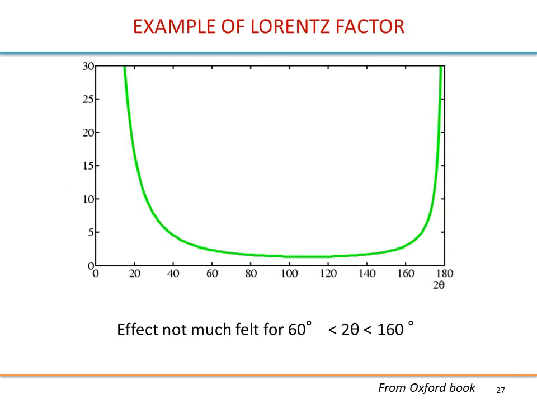So Lorentz factor is dependent on your instrument. This is just an example taken from the books of Oxford. So basically, if you have your 2 theta between 60 and 160, there is almost no effect. But it can be important here and also there.